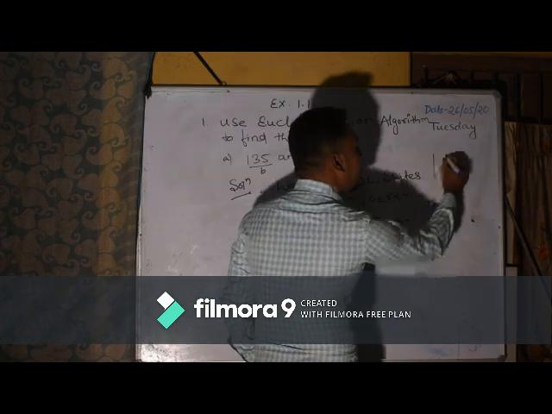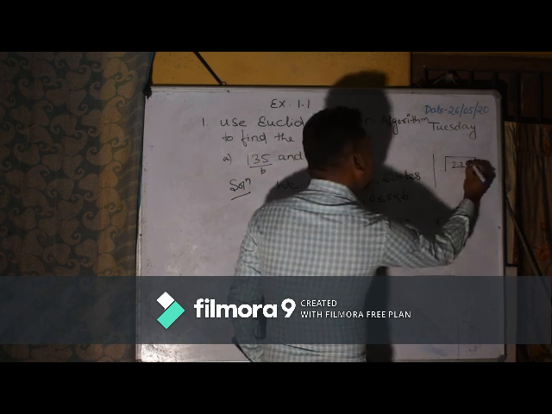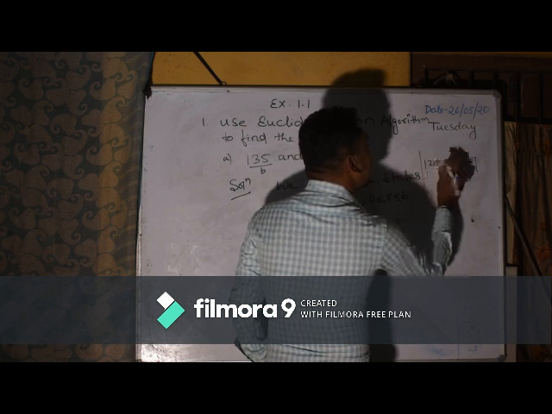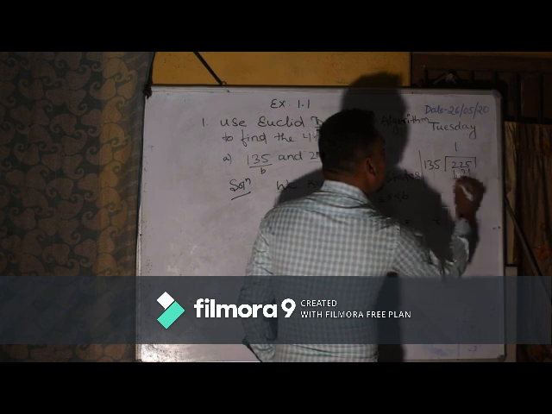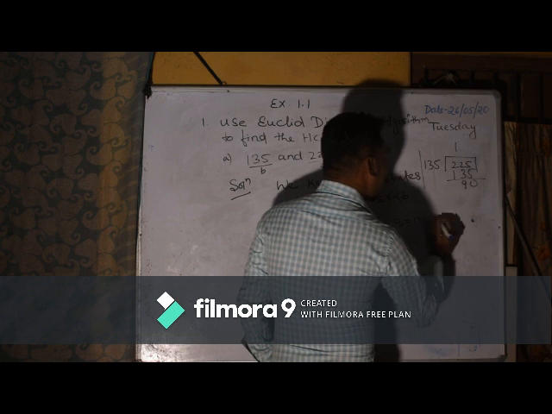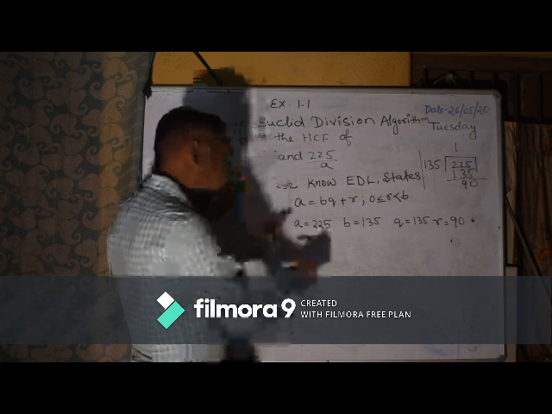Just by dividing 225 by 135. One times 135, remainder comes 90.